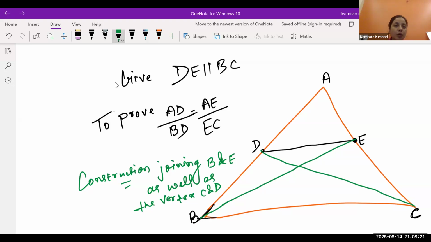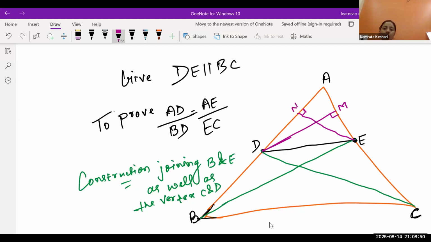We will be dropping the perpendicular from the vertex E like this, and we will be dropping the perpendicular from the vertex D as well. Just a moment, let me take the name according to the book. So this one we can call M and this one we can call N.